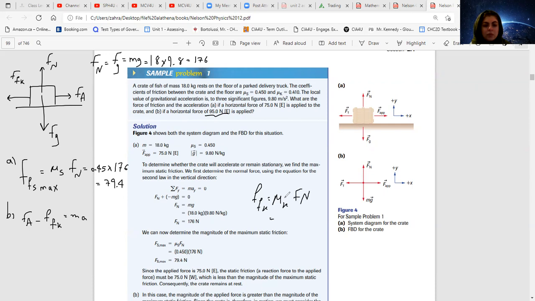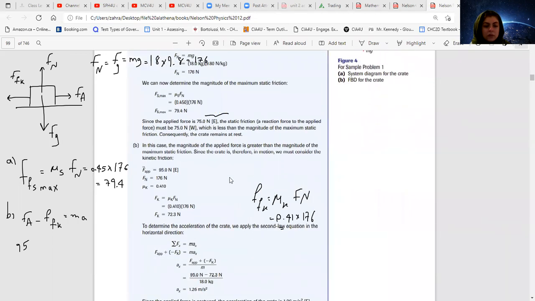Mu k is 0.41 multiplied by 176, equal to a number, and mass is given. F applied I know is 95. Let me just go down to see what is the calculation for force of friction. It's 72.3.